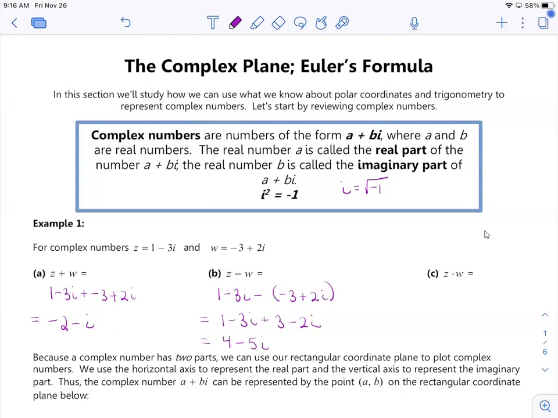And we could also multiply complex numbers. So I'm going to go ahead and set this up. 1 minus 3i in parentheses times -3 plus 2i. And so this brings us to good old FOIL. We have 1 times -3.